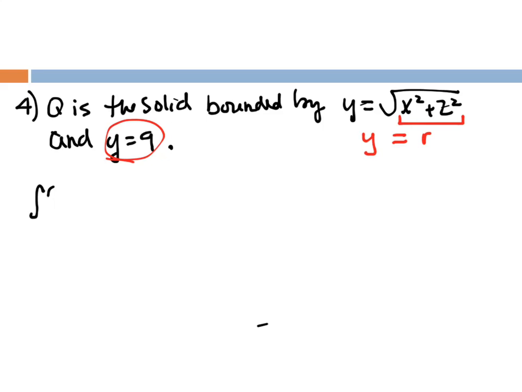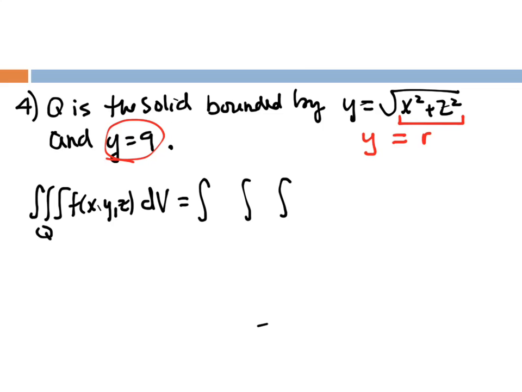Okay, here's my triple integral of f of x, y, z dv. I'm going to have 3 integrations. We talked last time about the order of this always matching. The order is going to have an r in it, and it's going to be dy, dr, d theta.